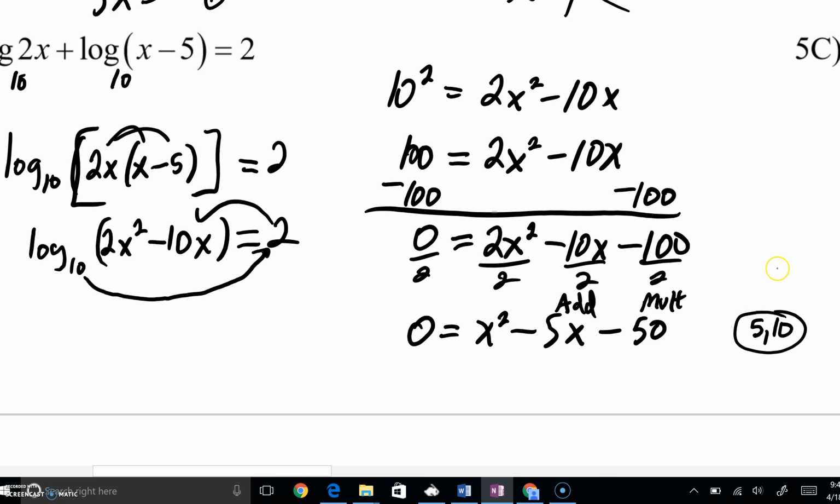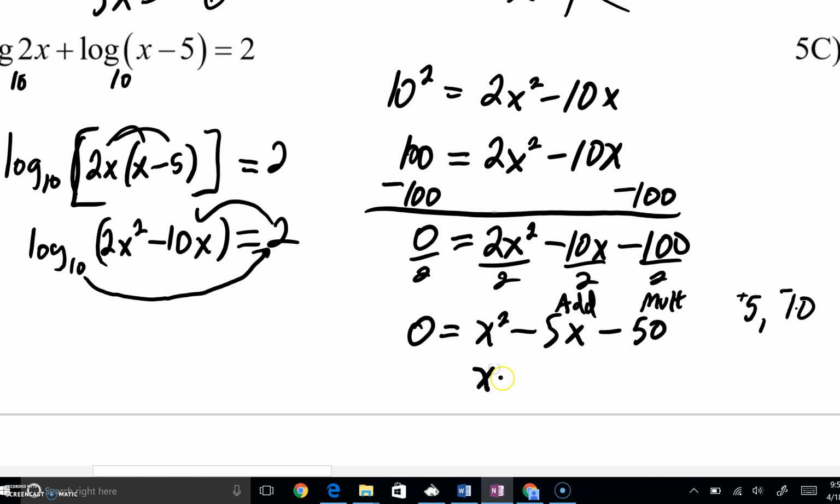So let's see here. If we've got that 5 and the 10, if you're adding to something negative, you need more negatives than positives. That means that the larger number has to be the negative. And negative 10 and 5 multiply to negative 50, but negative 10 plus 5 is negative 5.